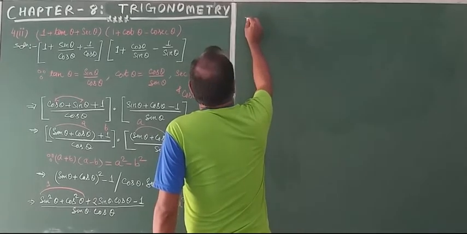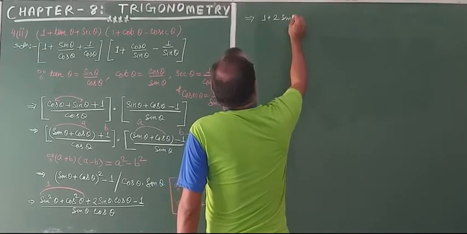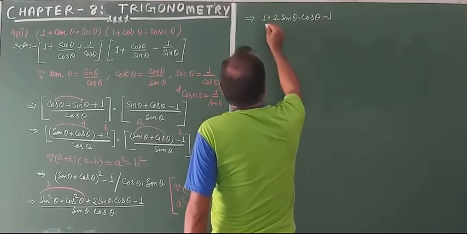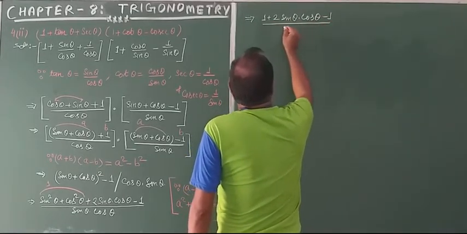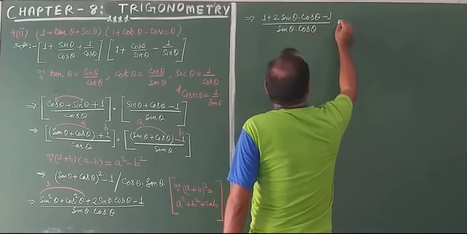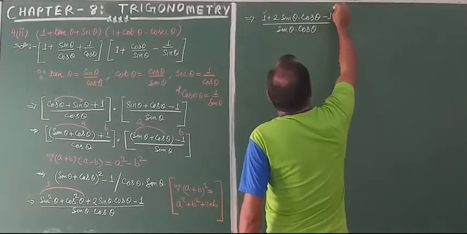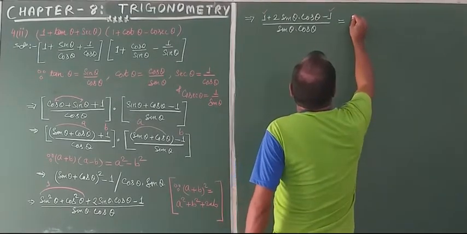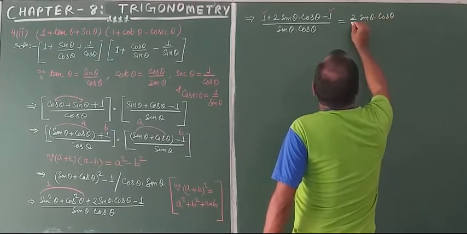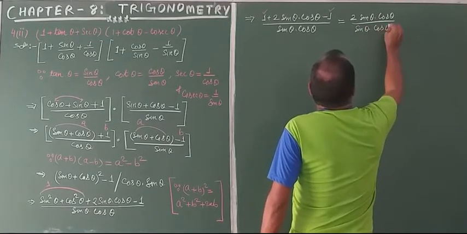So what will you get? 1 plus 2 sin theta into cos theta minus 1, divided by sin theta into cos theta. Here the plus 1 and the minus 1 will cancel out. You will get 2 sin theta cos theta upon sin theta into cos theta.